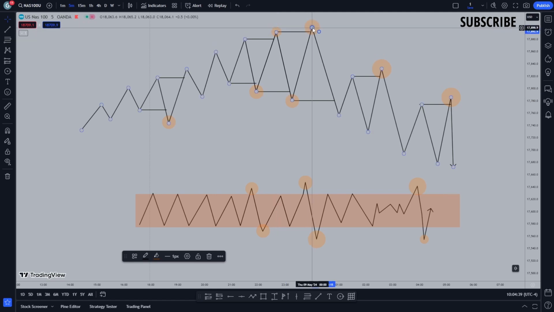Like you are taking a sell at this orange dot, a buy over here, a sell over here, a sell over here, sell over here. And in consolidation also, you are taking a sell over here, a buy over here, a sell over here. So this will help you to make money in a consolidating market also, and in a trending market also. Okay, so that's why these two structures are important.